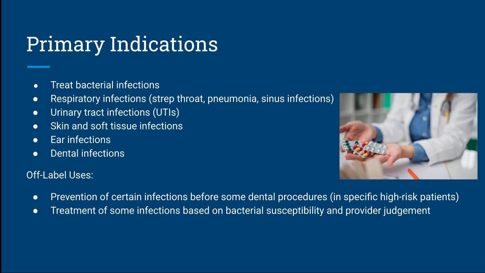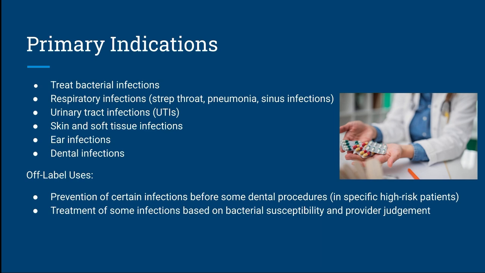Now, the primary indication for antibiotics is the treatment of bacterial infections. They are commonly prescribed for conditions such as respiratory infections, urinary tract infections, skin infections, ear infections, and dental infections. While antibiotics are primarily approved for treating specific bacterial infections, some may also be used off-label in certain situations.